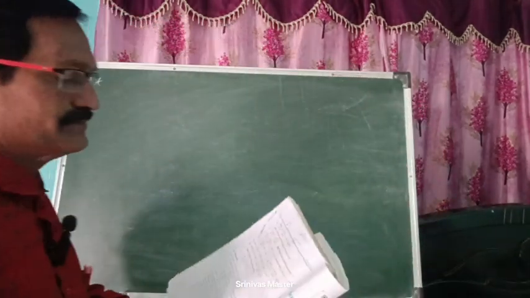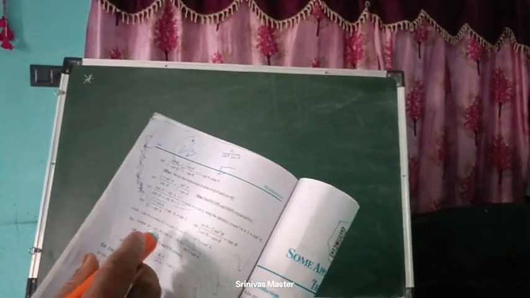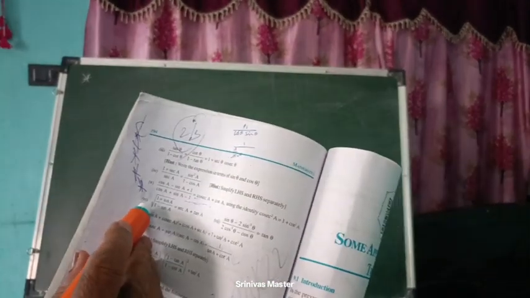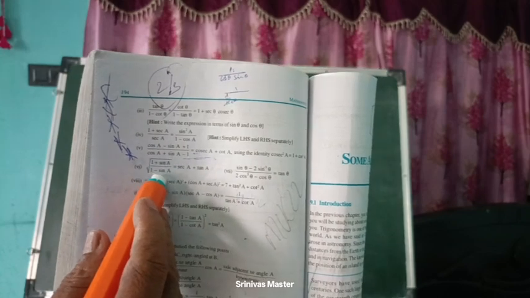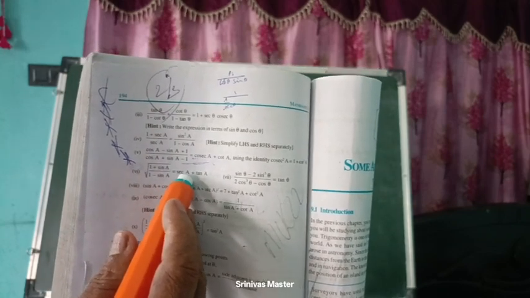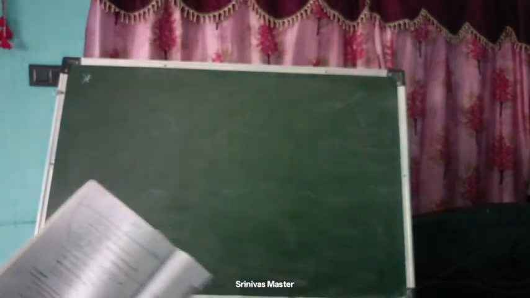See the next problem, children. Problem number 6: square root of 1 plus sin A by 1 minus sin A equals sec A plus tan A. That we will do.